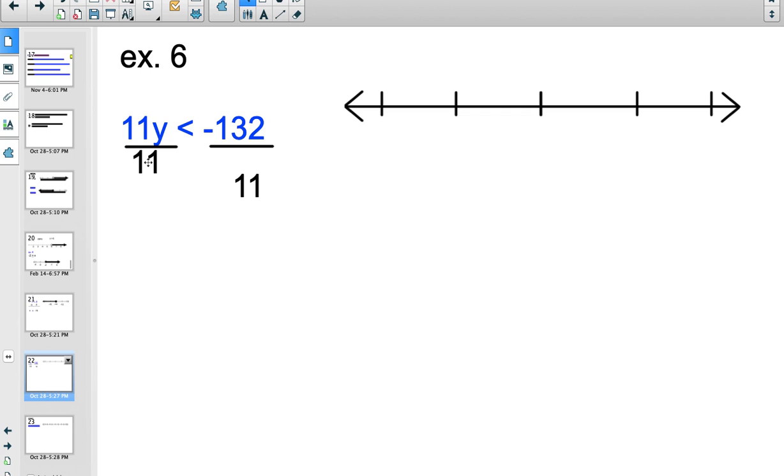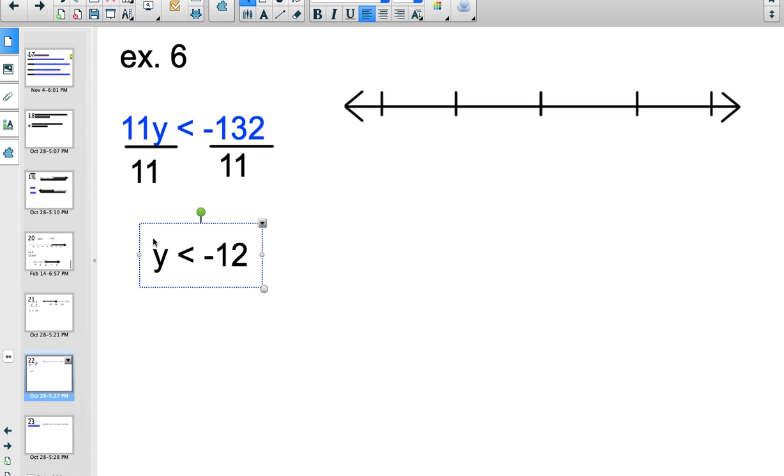So what is 132 divided by 11? Well, is it going to be positive or negative? It's going to be negative. It's going to equal 12. So we're going to say y is less than negative 12.